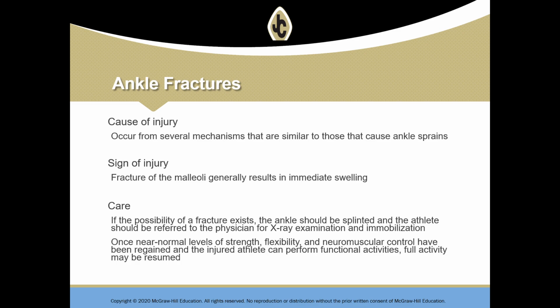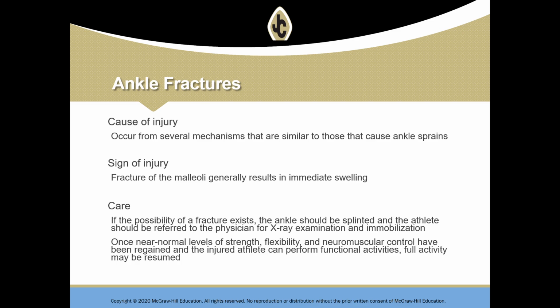Cause of the injury: they can occur from several different mechanisms, so it's kind of hard to zero in on one. A lot of times you have some sort of ankle sprain, maybe going to a further extreme that causes the bone to fracture.